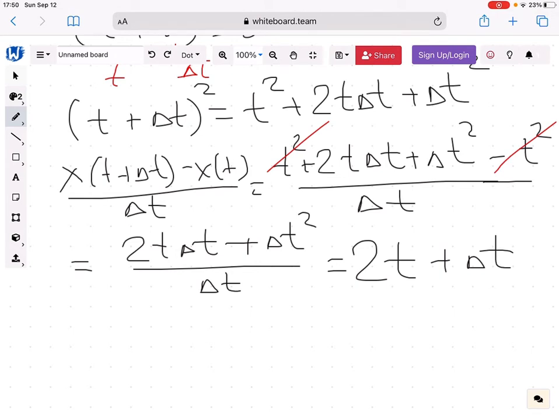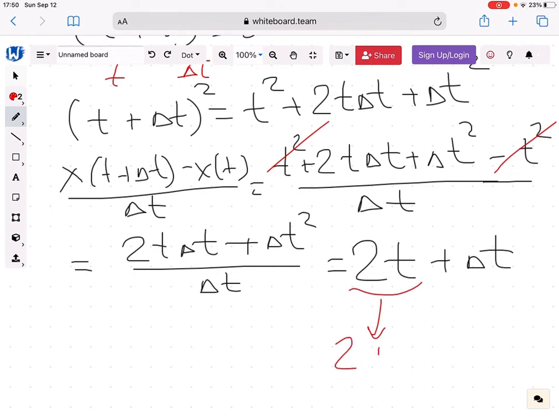So the next thing we need to do is see where this is going to go when delta t starts going to 0. Well, let's look at each term. The first term doesn't depend on delta t, so no matter what delta t is, it's still going to be 2t. Remember, t is a fixed point.